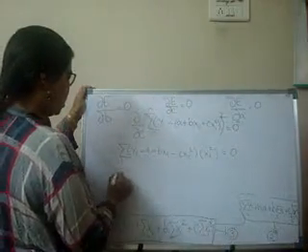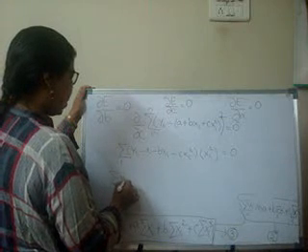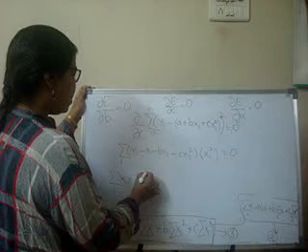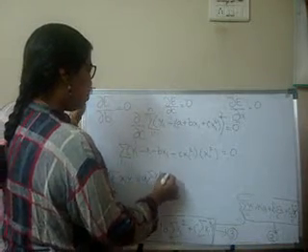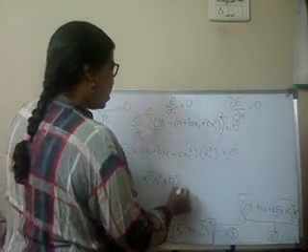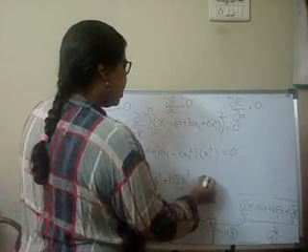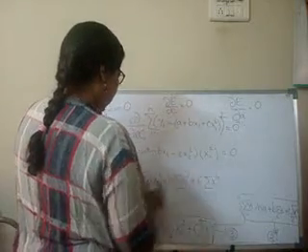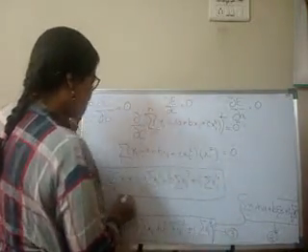Now, summation over i xi square yi is equal to a summation xi square plus b summation xi cube plus c summation xi power 4. So, this is your equation number 4.